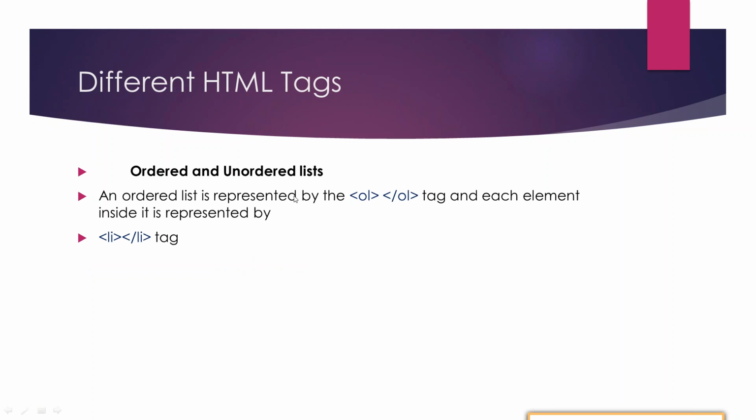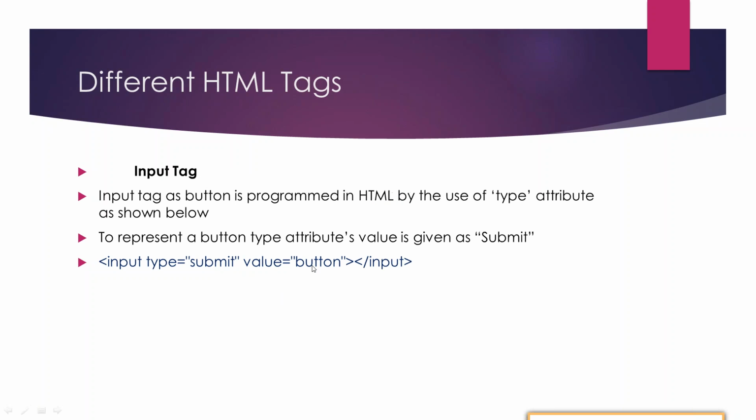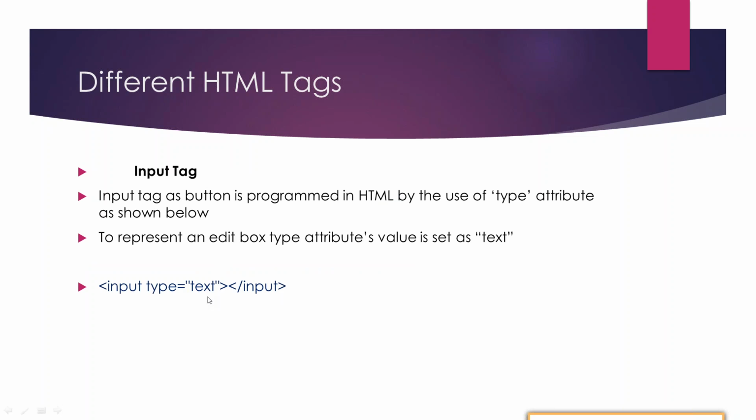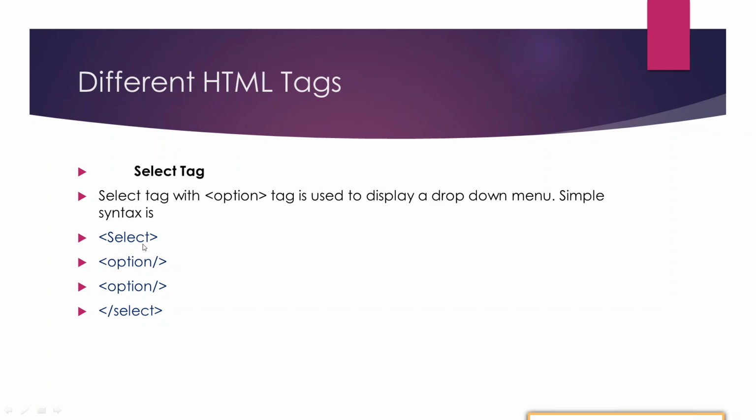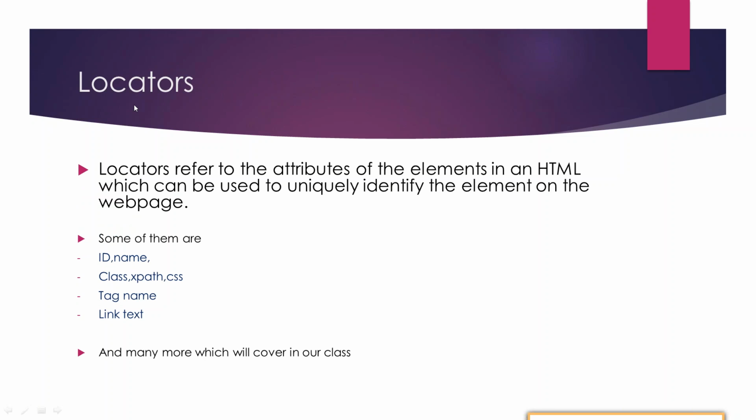I told you, it comes with dots. Then frames, and input tags like the submit button and text. Select: when you select that, options will come, and you write options like Canada, Japan, India, USA. I also explained ID, style, name, height, width, type, source, href. Now I'm going to explain about locators.